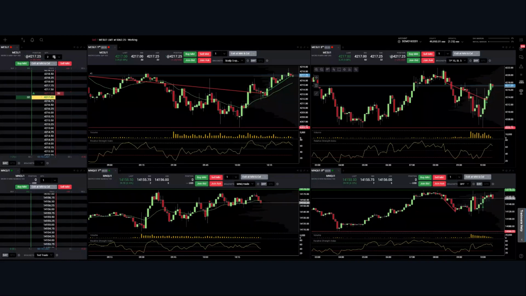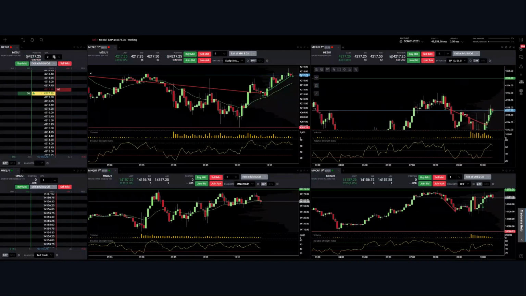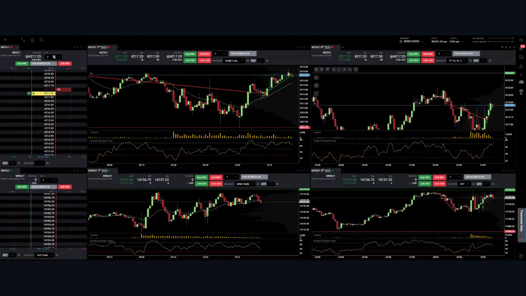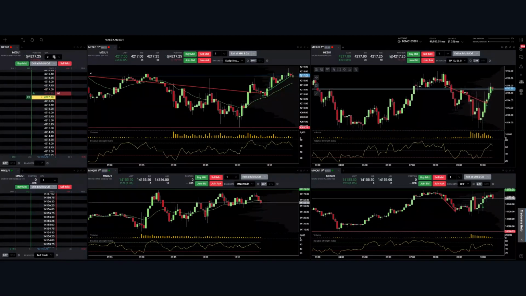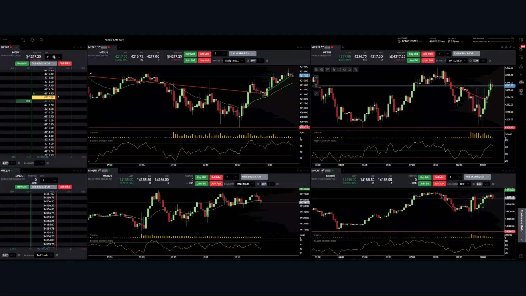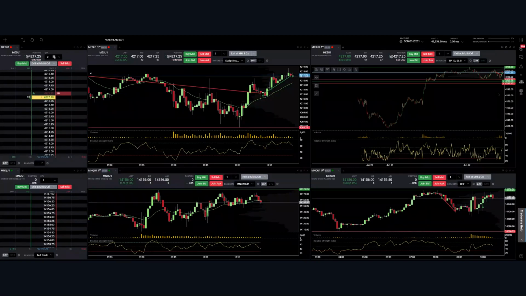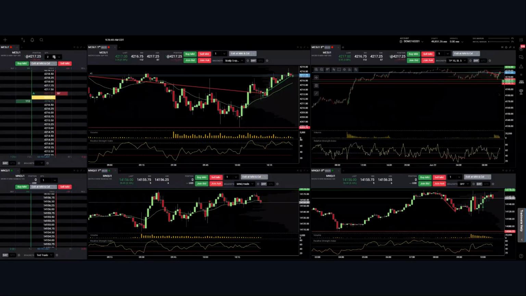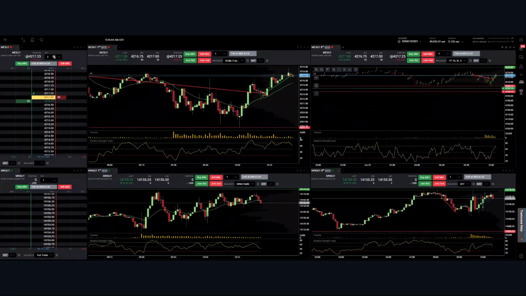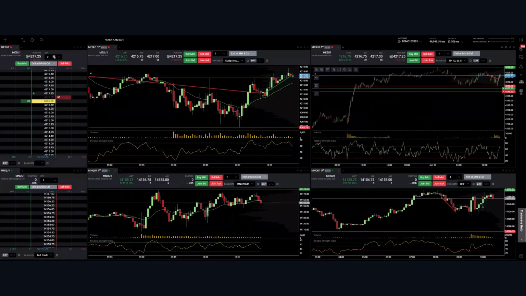Let's see if that bracket goes into place. Yep, the brackets are there. Oh, so these are possibly from before here. 42.99, 42.03.